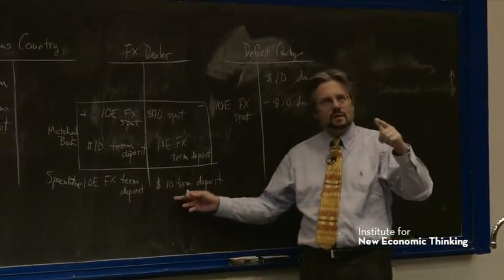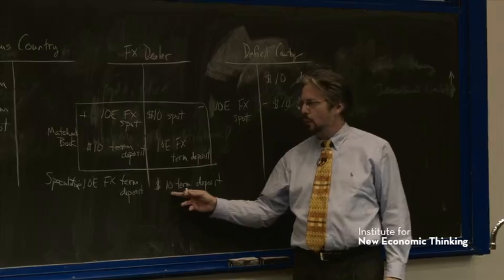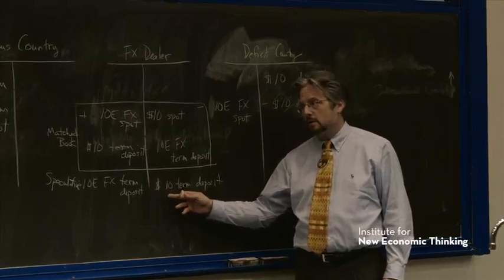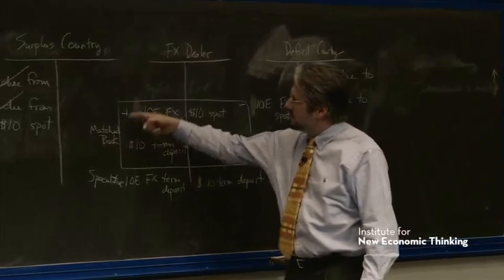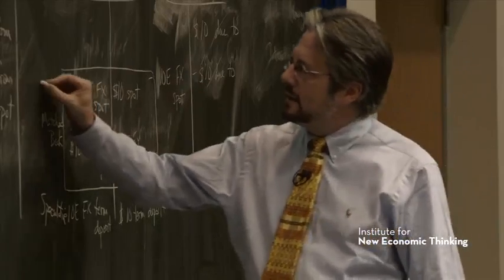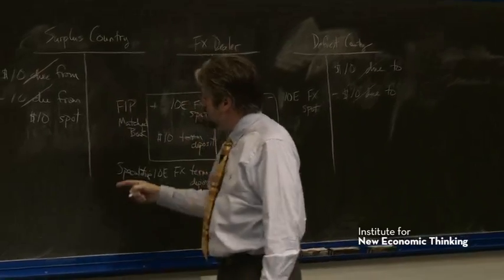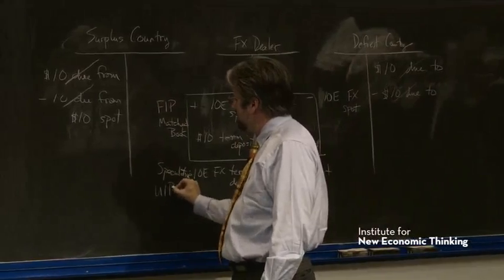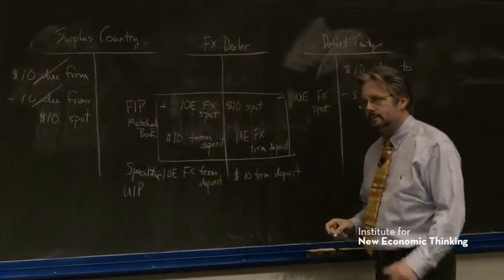So it's this sort of thing that moves the forward rate away from the expected spot rate, because there has to be an expected profit here. You could think of this first dealer, this matched book dealer, as a forward interest parity dealer, and this second kind of dealer as an uncovered interest parity dealer.